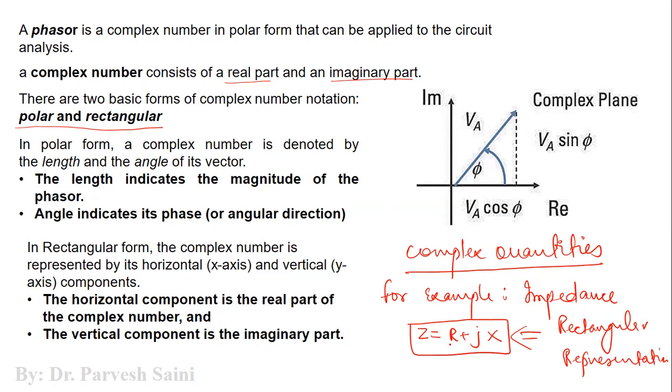Right. So a rectangular representation is basically the sum of two components of the complex number, one which is the real component, and the second which is the imaginary component.